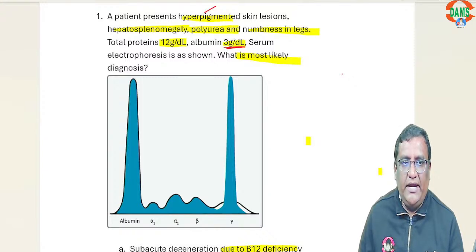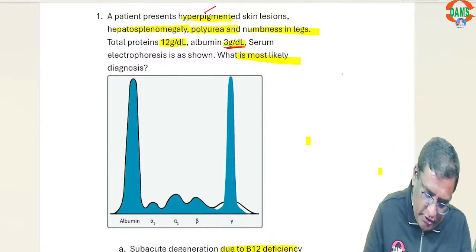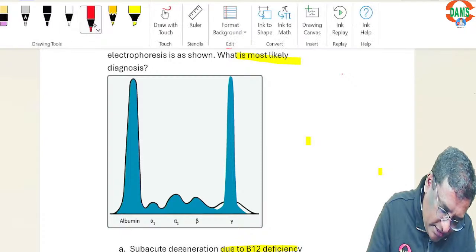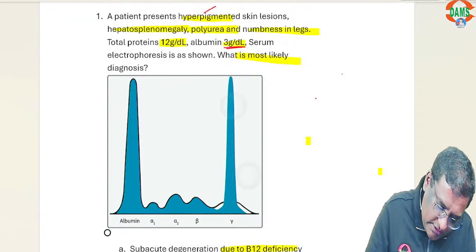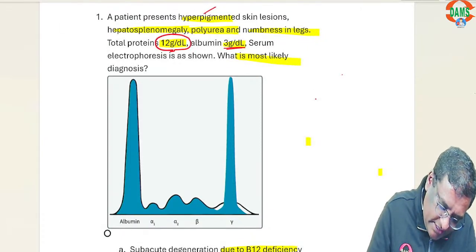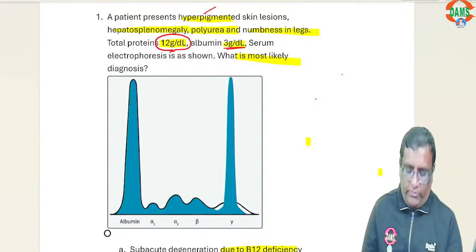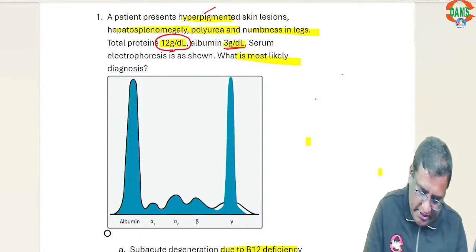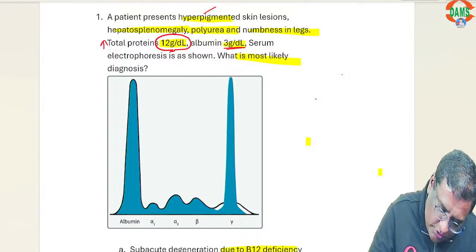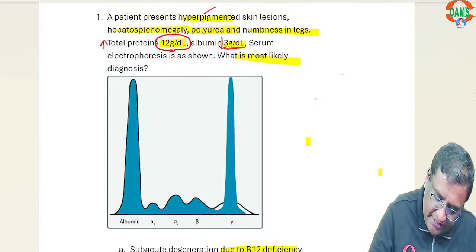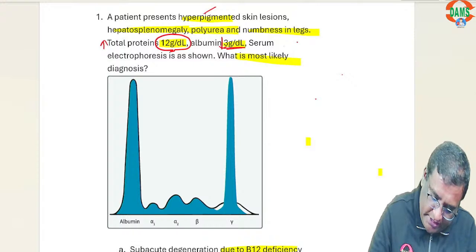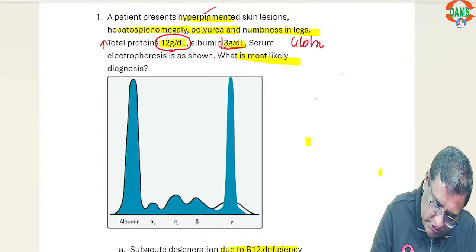Why option D here? The important keywords given are: total protein is increased, 12, understandable. And albumin is 3, slightly reduced. The rest will be globulin, by the way, so globulins will be approximately 12 minus 3, approximately 9.